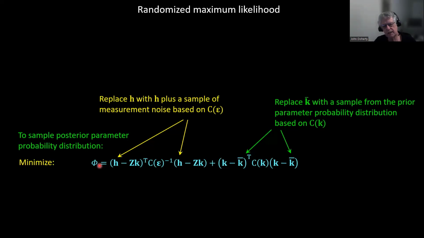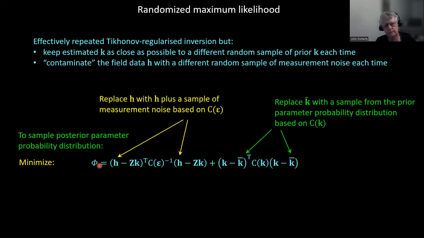Then I've got an objective function which I minimize using exactly the same maths as I used before. So it's effectively Tikhonov regularized inversion, but I do it once to obtain one sample from the posterior. I do it another time to obtain another sample from the posterior.